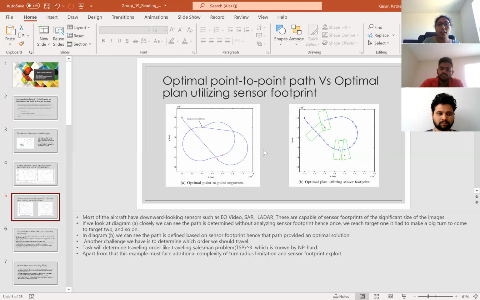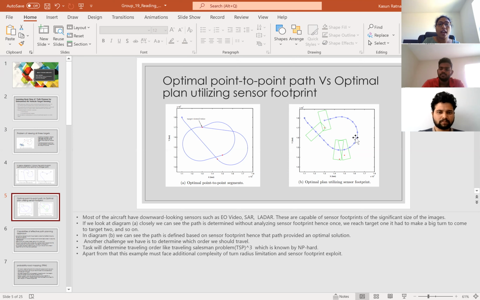If we are looking at diagram A closely, we can see that the path is determined without analyzing the sensor footprints. Hence, when we reach target one, it has to make a big turn to come back to target two and so on. In diagram B, we can see that the path is defined based on the sensor footprints. Hence, the path provides an optimal solution.